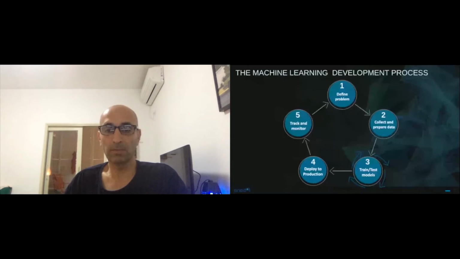So this is step 2 and 3. You're collecting data, preparing data, then training and testing models, iterating on that, going back to step 2, collecting and preparing data. Sometimes you go back to step 1 and redefine the problem because you realize it had some limitation. But all of steps 1 to 3 keep iterating in the lab, if you will.